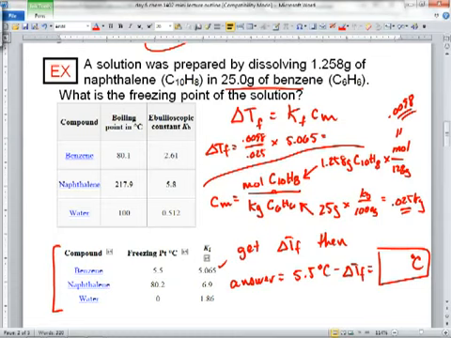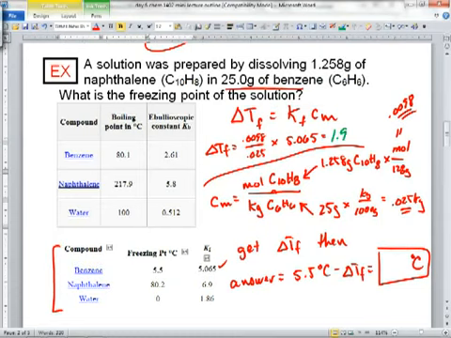Okay, I got about 1.99. After all that. So, Kathleen, is that the answer? Go through all that work to get our delta TF, we got about 2.